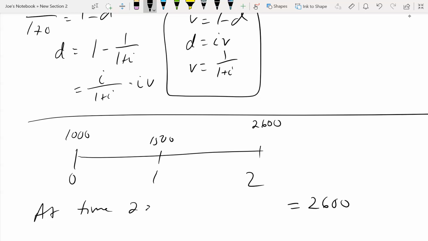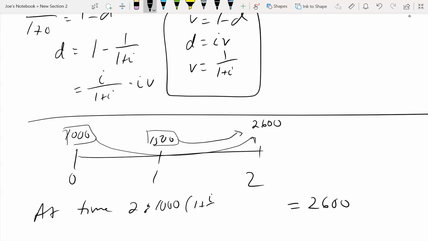All right, so that means I want to take this 1,000 and move it to time 2, this 1,500 and move it to time 2. I want to accumulate it, right? So to get $1,000 moved to time 2 with an interest rate convertible semi-annually, what should I multiply the 1,000 by?